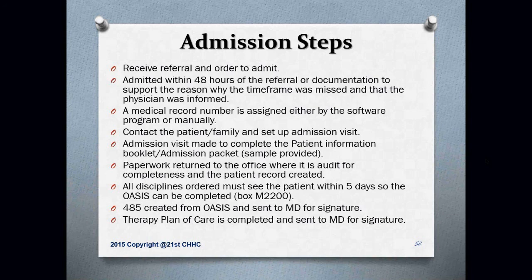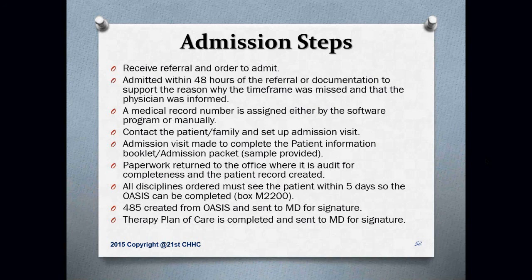All of the paperwork, once it's returned to the office, there should be an audit of that paperwork to make sure it's complete and make sure the patient record number is assigned on all of those forms and the patient record is created.